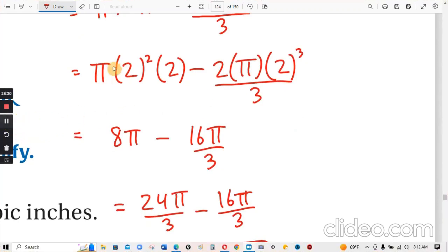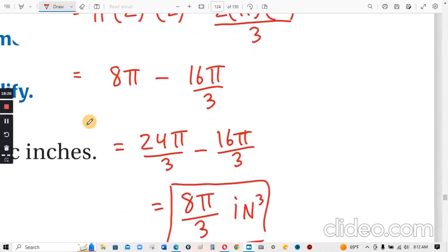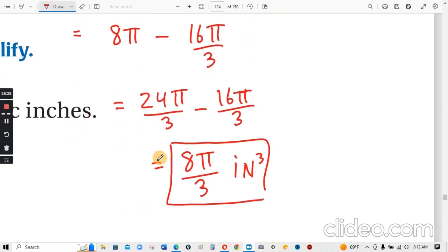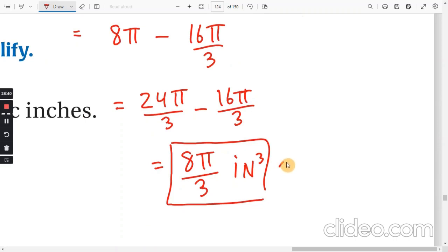You could type this as is in the calculator, and you should get the correct answer. All right, but anyhow, 8 times pi divided by 3. If I did 8 times pi divided by 3, I just get 8.38 if I round it off. And that is in inches cubed.